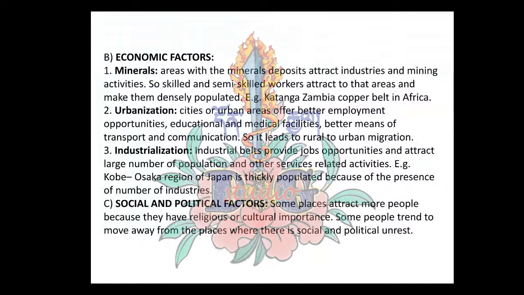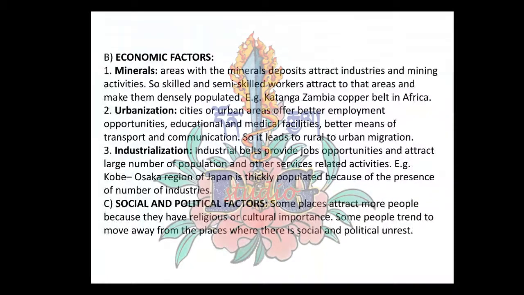And because of those people, other services will also be created in that region in order to fulfill the needs of the people living in that industrial belt. Example, the Osaka region in Japan. It is a highly densely populated region in Japan. If we try to find the reason, one of the main reasons is industrialization.